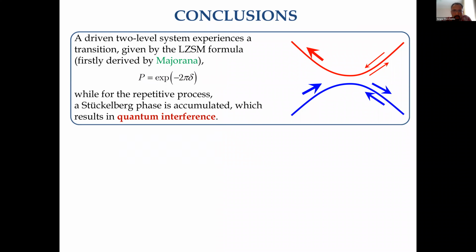Which brings me to the last slide, the conclusions. What I wanted to tell you is that the LZSM formula is quite simple, but we continue to study this evergreen problem, and in particular, we study how to derive it and how to develop it following Majorana's approach.